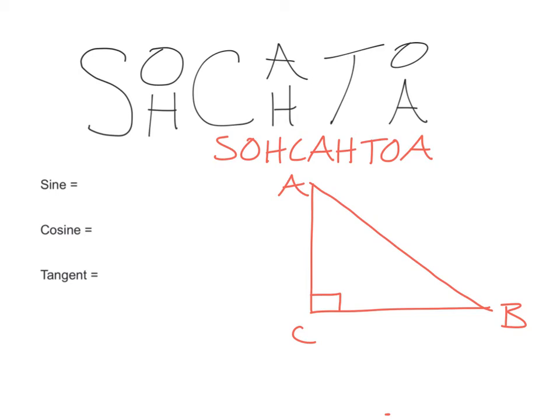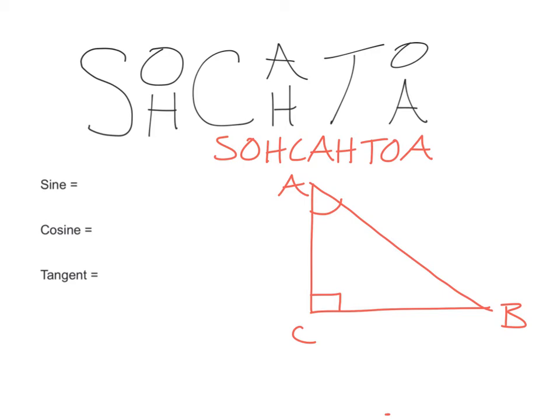It says that when you have an angle, let's just say angle A here for a moment, the sine of angle A is equal to the ratio of the sides opposite over hypotenuse.